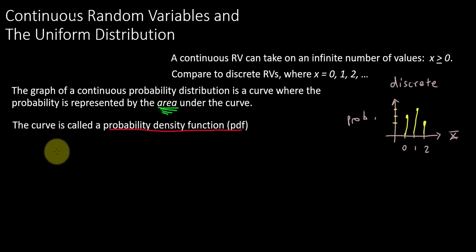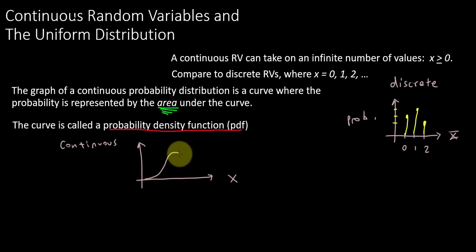It's a bit different in a continuous world, because what we're going to see is that we have these smooth curves, and one of the main ones we're going to look at is a bell-shaped curve. If we want to find probability, we actually need to find the region that's shaded here, that area.